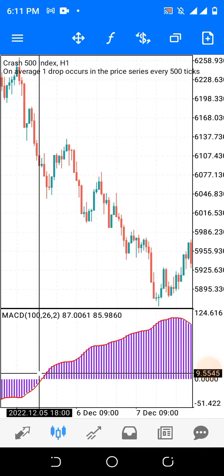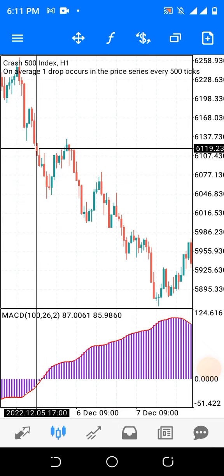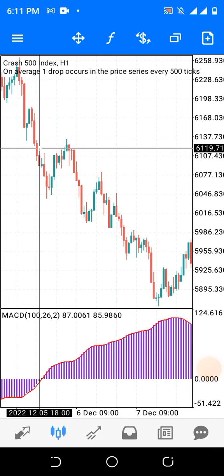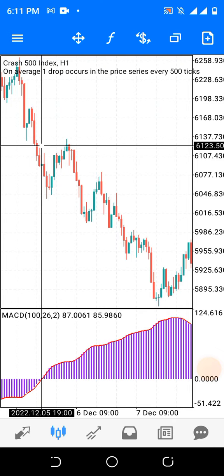Once you notice it, trace it up. That is where the crossing occurs. So I want you to make your entry where the crossing occurs. Do you understand?